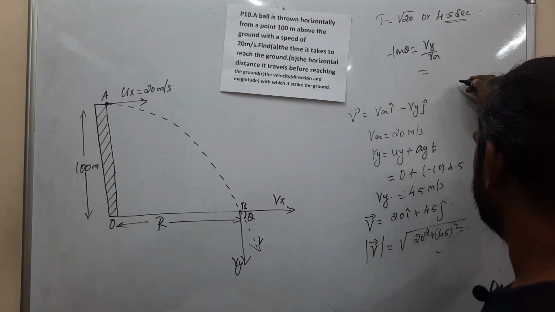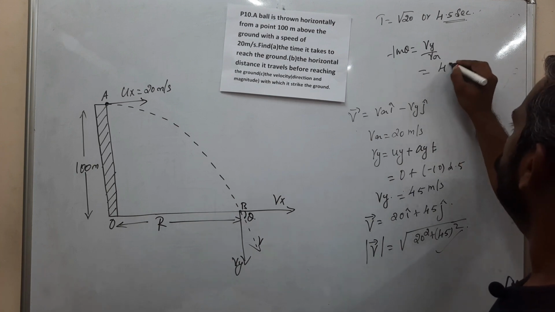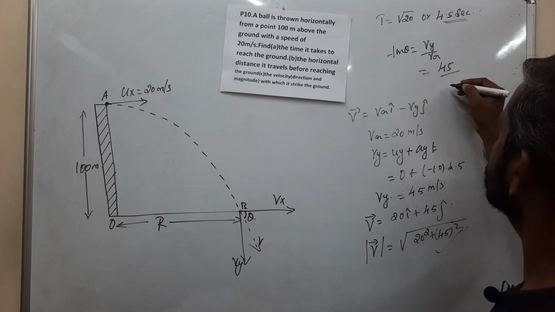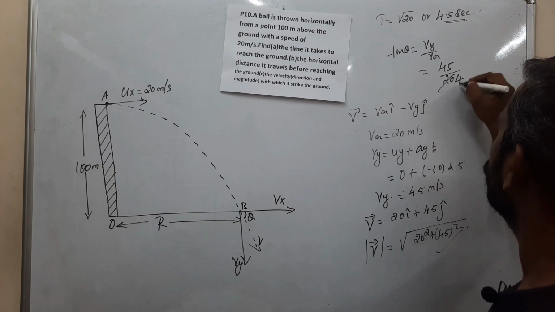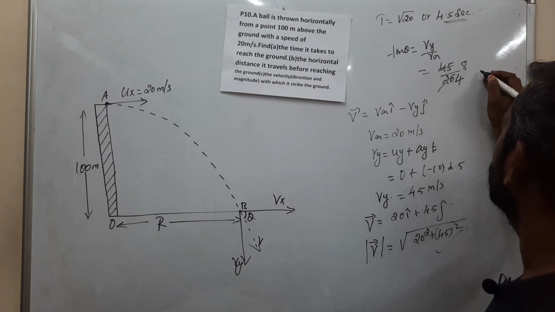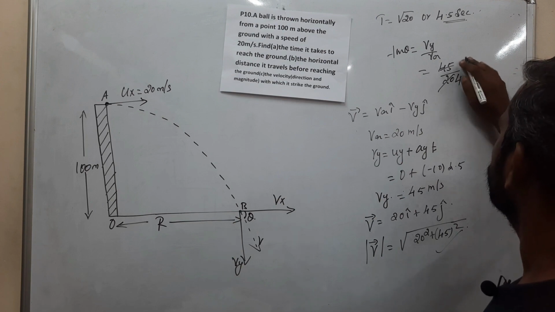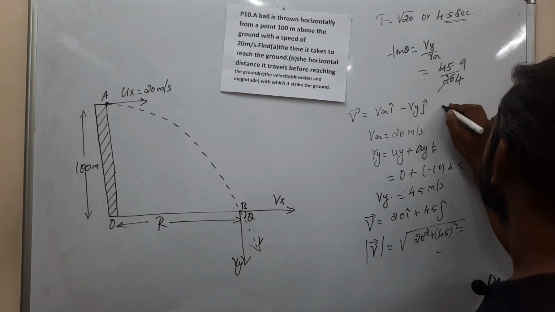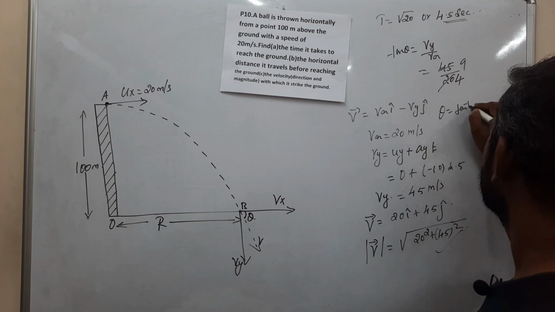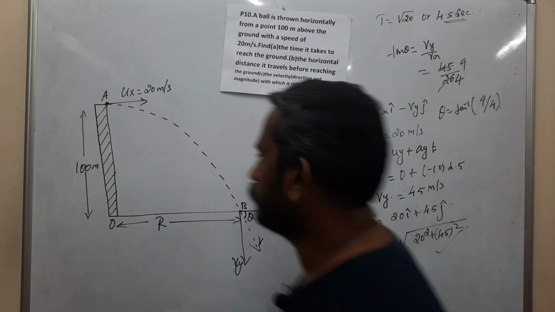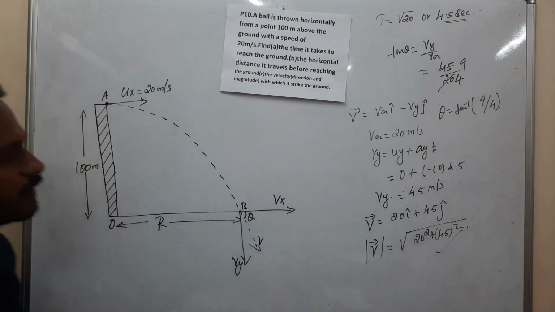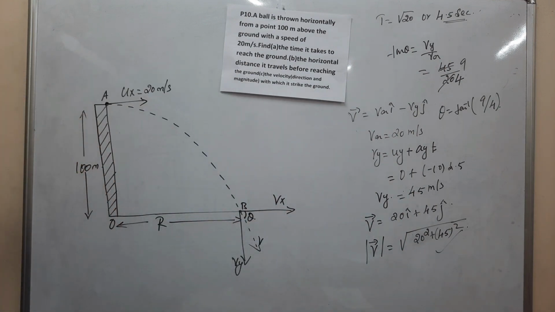What is Vy? That is 45 divided by Vx, that is 20. So cancel, that is 4 times 9 times. So theta is equal to tan inverse of 9 by 4. Clear?